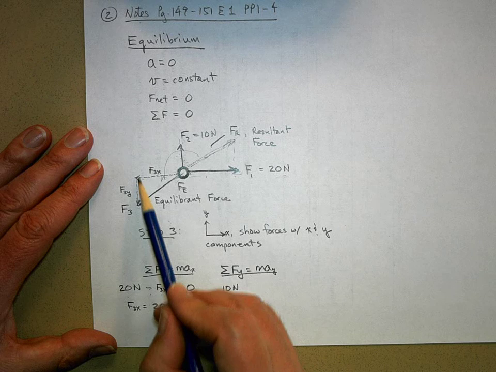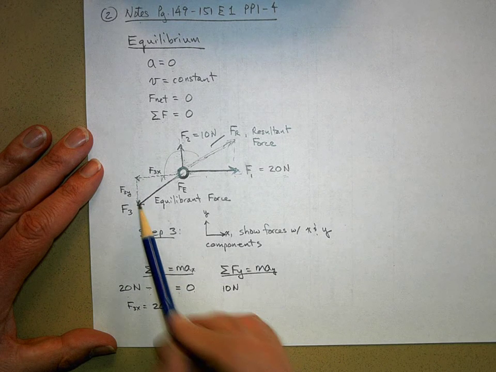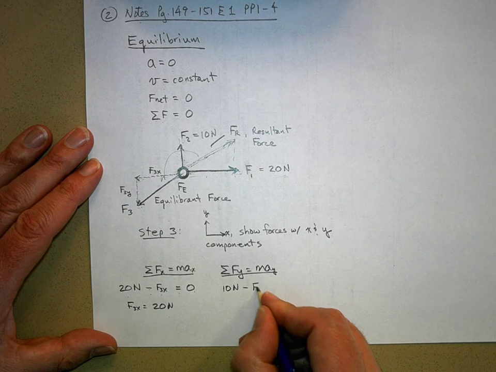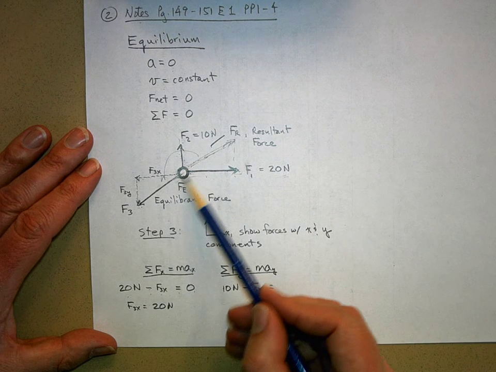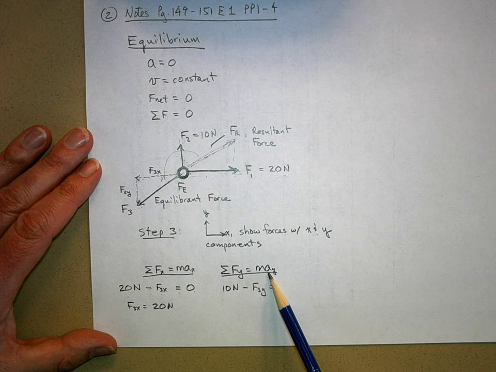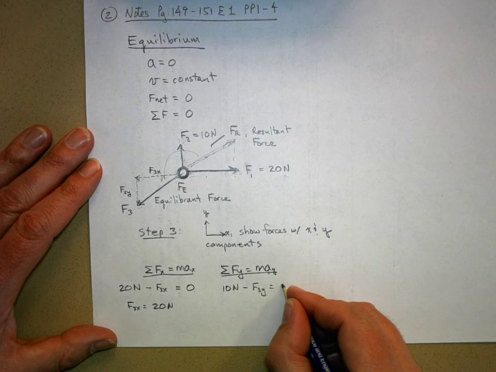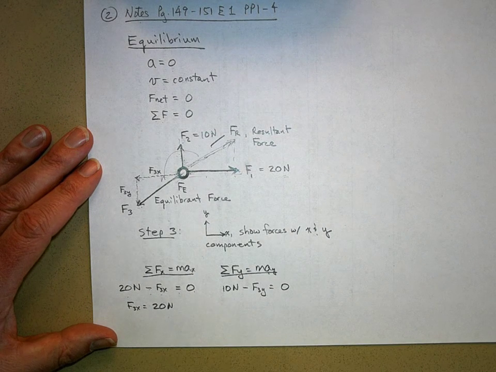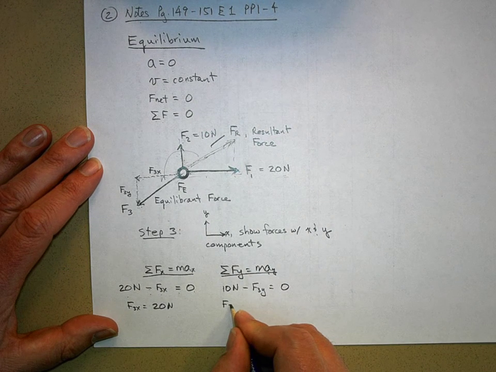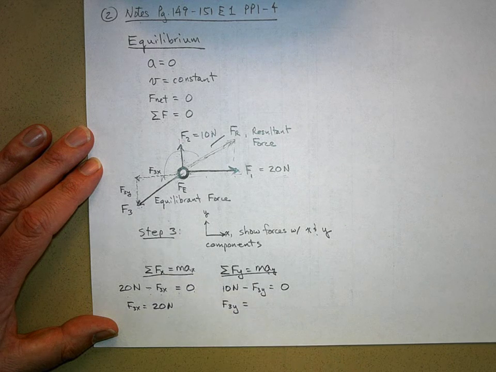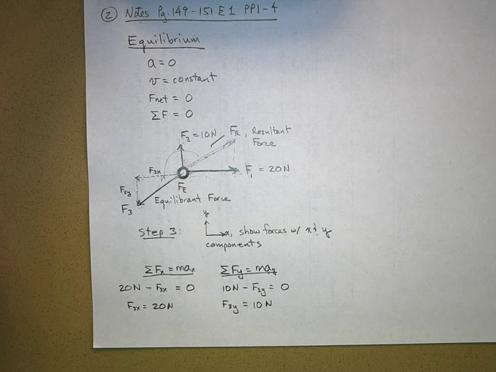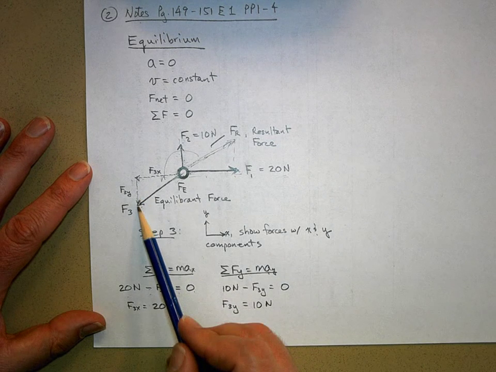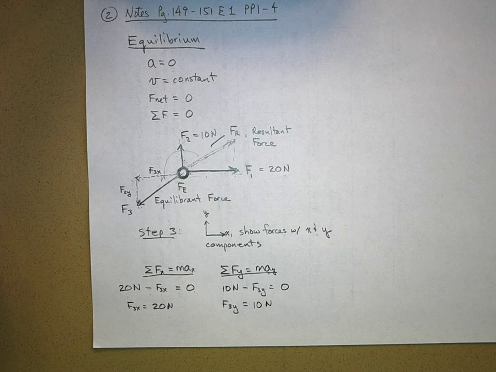It's pulling down by this much, minus F3 in the y. Now the object is in equilibrium, so what is true about the acceleration in the y direction? It's 0. And so now I've got F3 in the y direction is equal to 10 newtons. Now, of course, it's down, but we can figure that out.